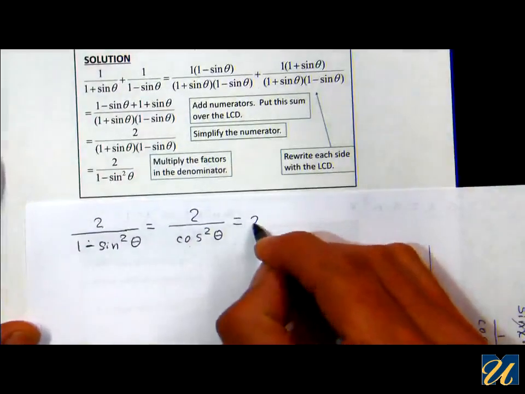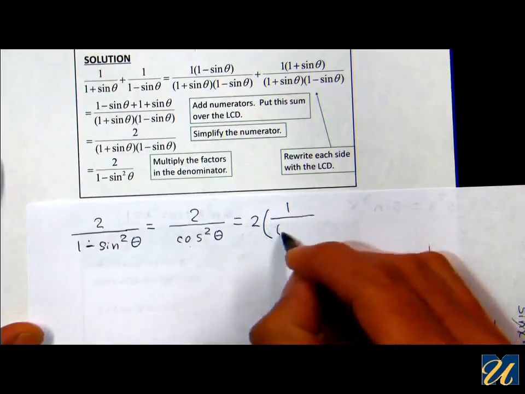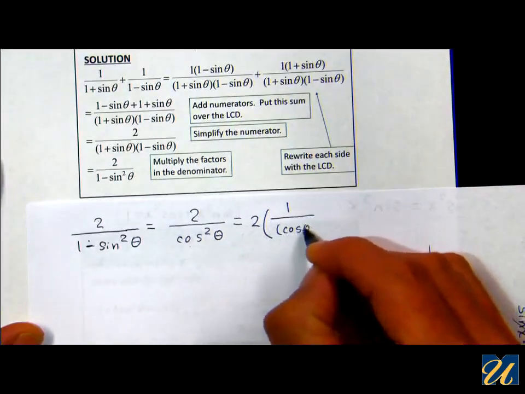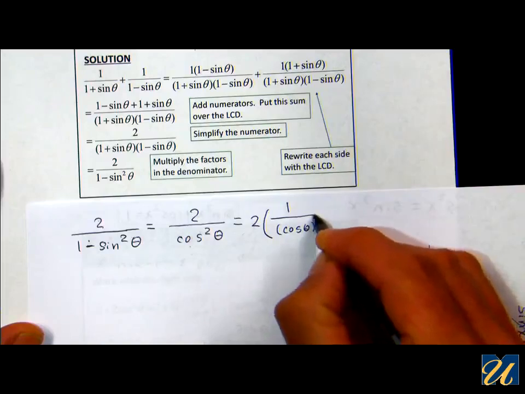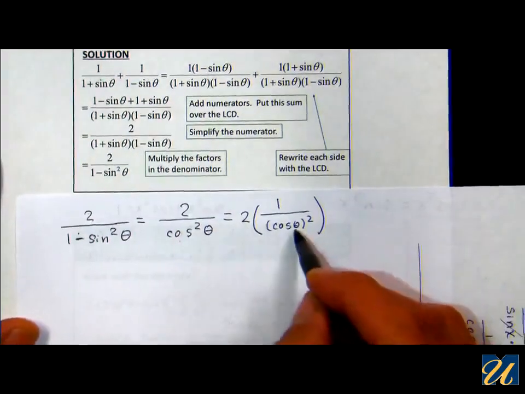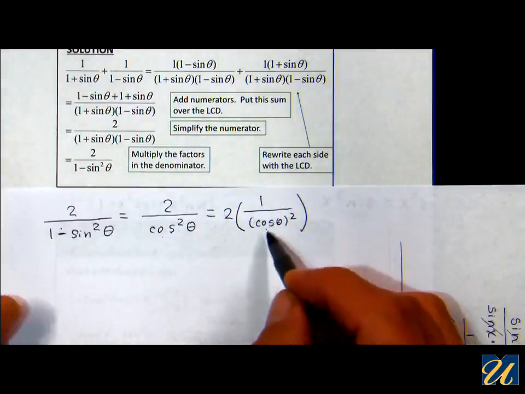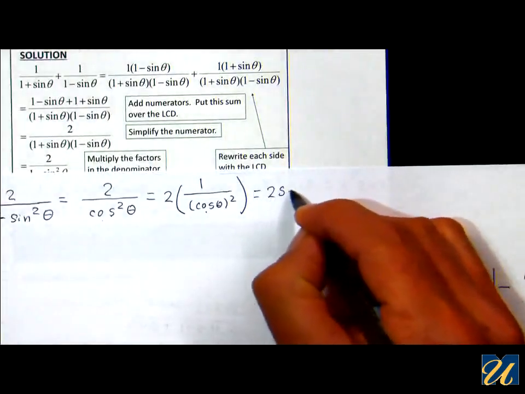So in other words, I'm thinking about this like this. 1 over cosine theta, squared. Right? This is how we write it. This is what it really means. And I'm separating that out. So 1 over cosine is secant, and so 1 over cosine square is secant square. This is 2 secant square theta.